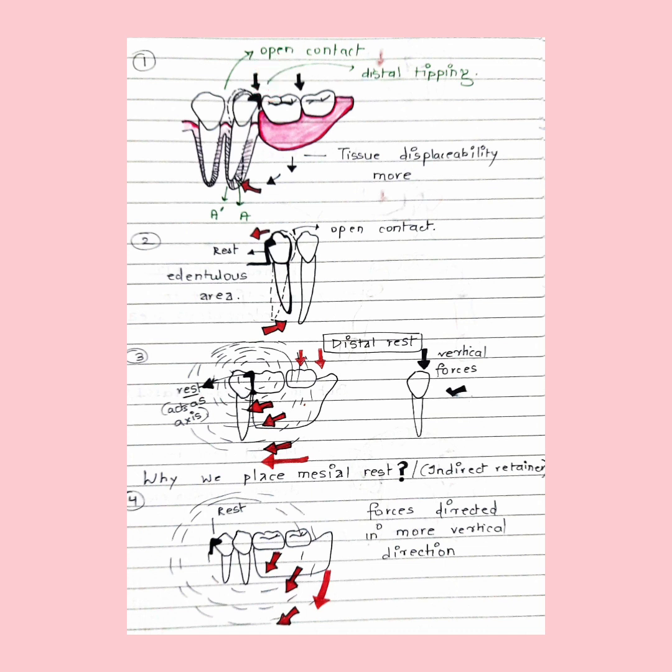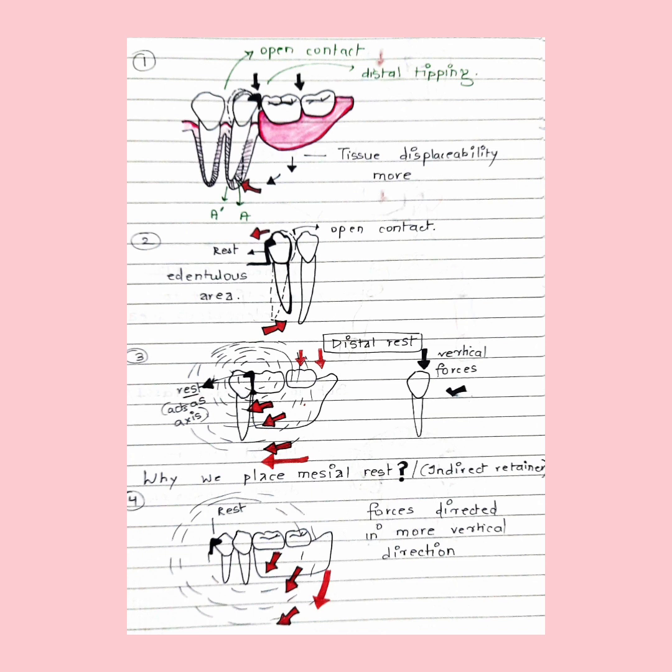Horizontal forces or off-vertical forces are most detrimental to the abutment tooth and lead to bone loss in future. In the second picture, you can see if we give a distal rest, or the rest which is adjacent to the edentulous area, especially in Kennedy's class 1 and 2 cases, that is distal extension cases, distal tipping of the crown of this abutment tooth will take place, and this will lead to open contact between the teeth.